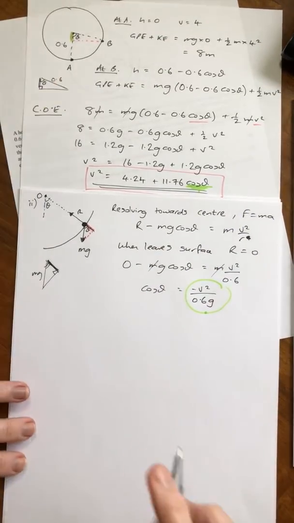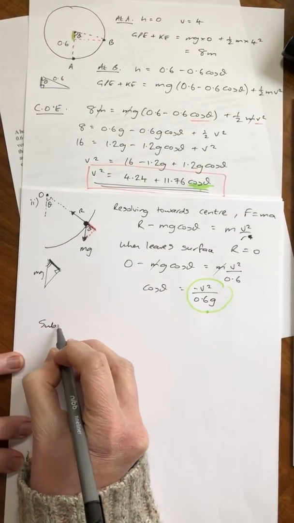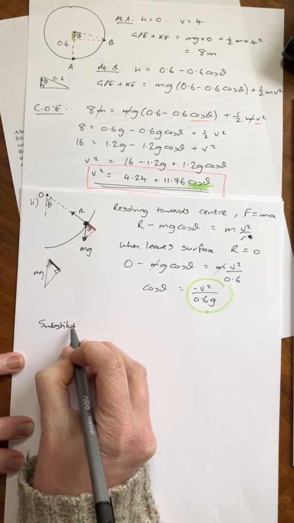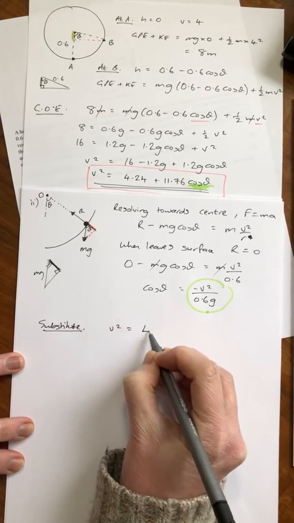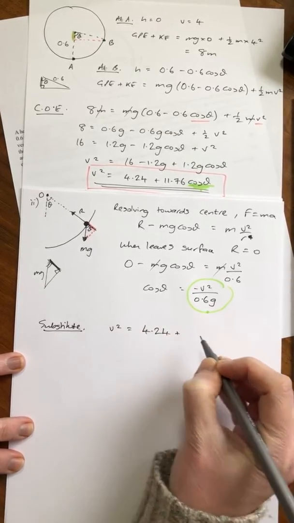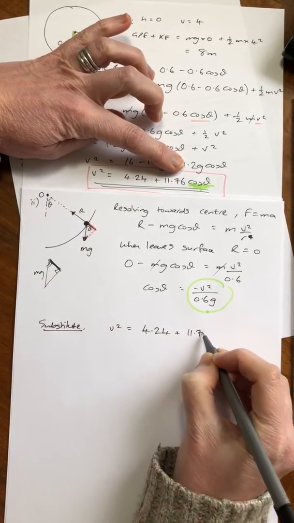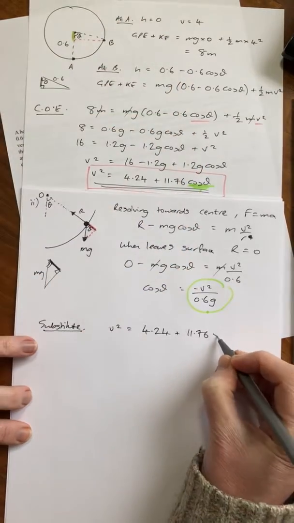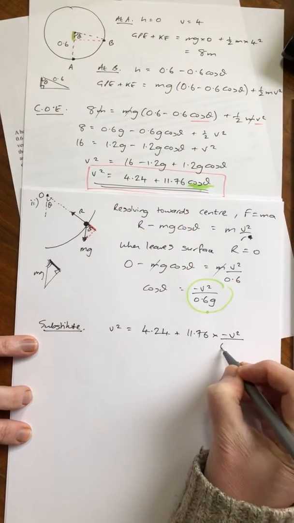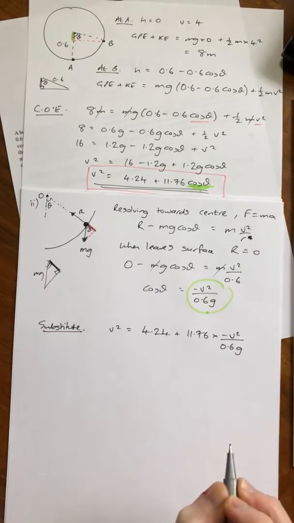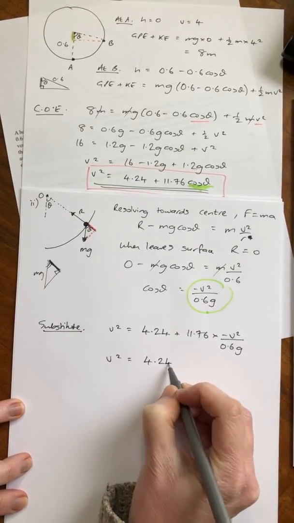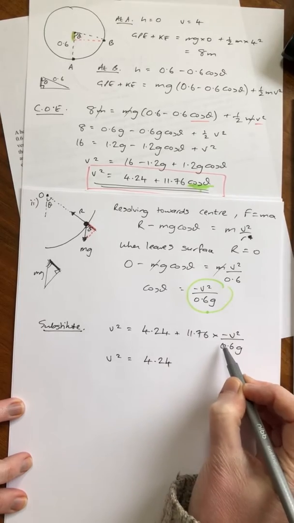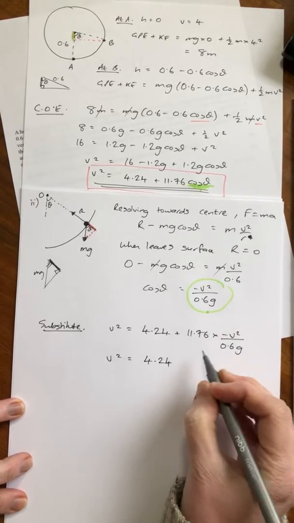So it means that if we substitute, v squared is equal to 4.24 plus 11.76 multiplied by this expression here, v squared over 0.6g. V squared is 4.24, and if you work out 11.76 over 0.6g, you get 2.